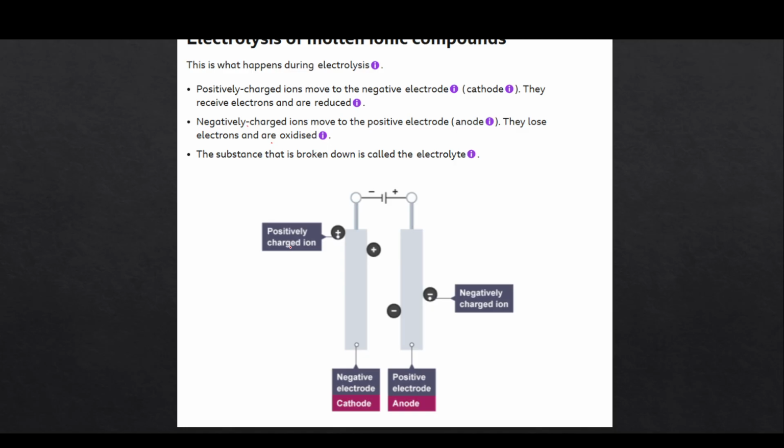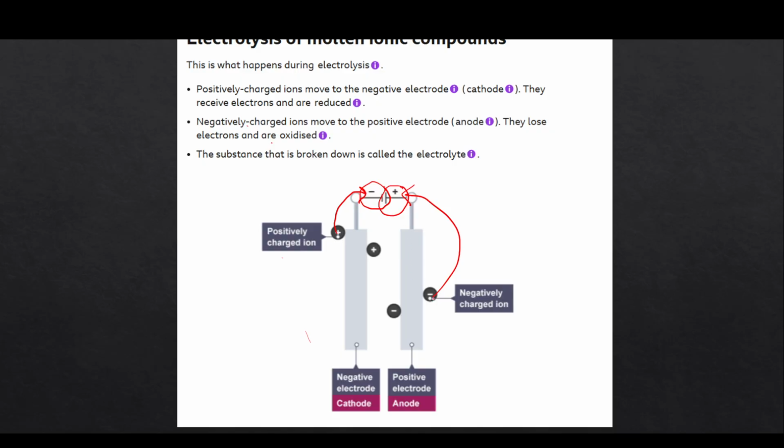We know ions migrate towards the electrode with the opposite electrical charge. Like the one which is negatively charged, positive ions will be attracted towards it, and at the positive terminal, negatively charged ions will be attracted. So opposite attraction is there. Then positively charged ions migrate towards the negative electrode, where they gain electrons and undergo reduction. Reduction means gaining of electrons.